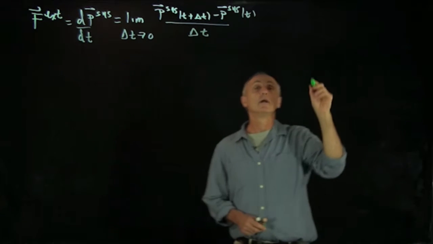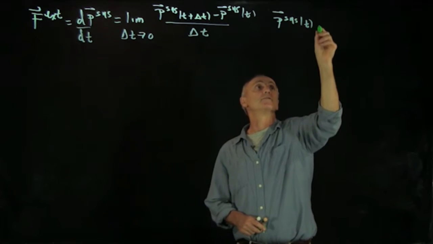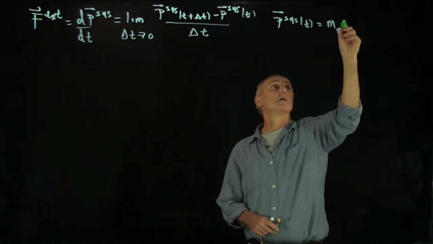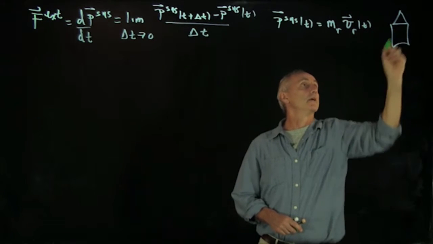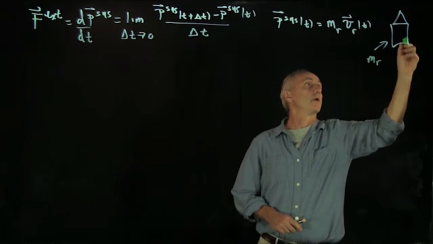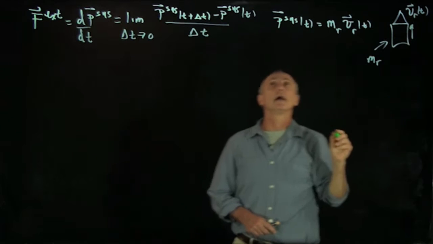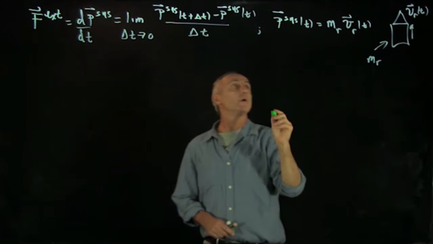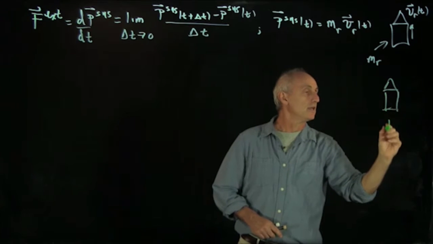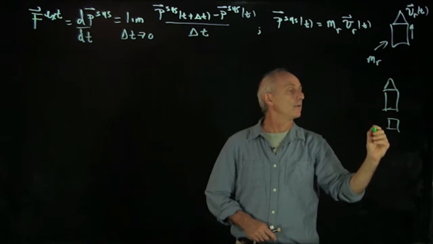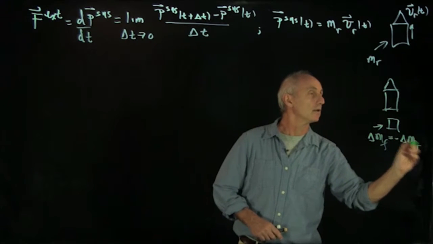Now recall that we had the momentum of the system at time t was the mass of the rocket times v of the rocket at t. I'll just quickly show mass of the rocket, Vr of t. And we had the system at time t plus delta t, where we had delta m fuel equals minus delta m rocket.